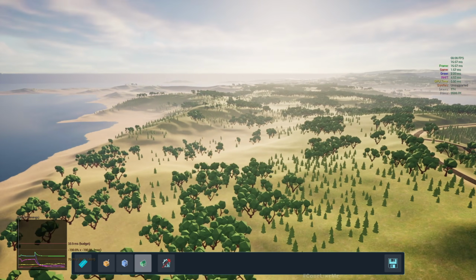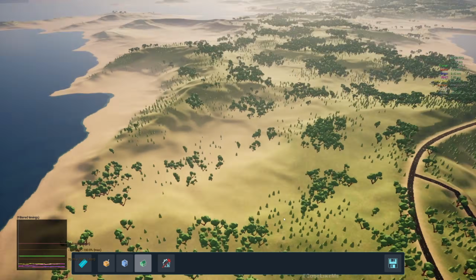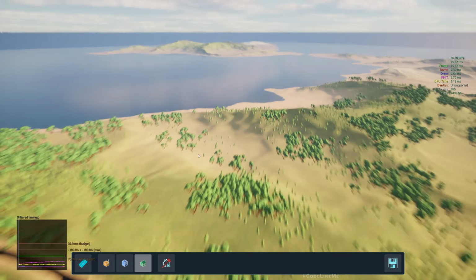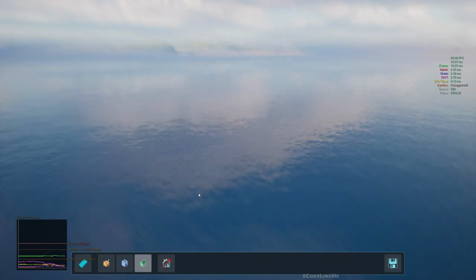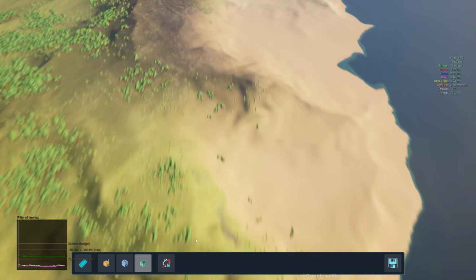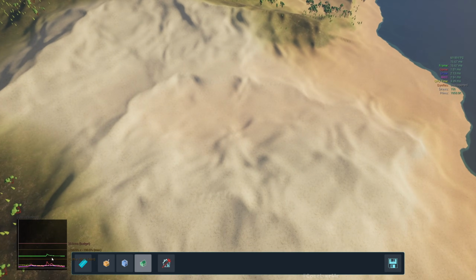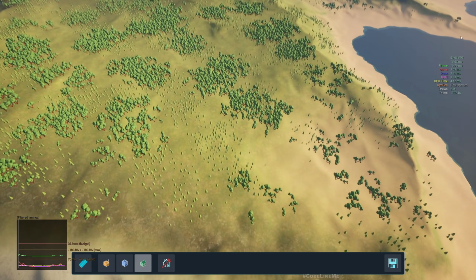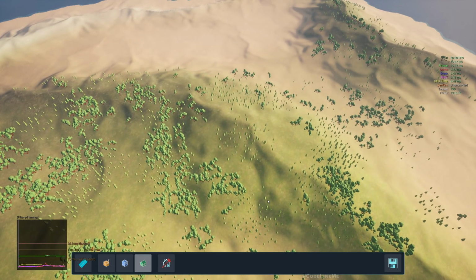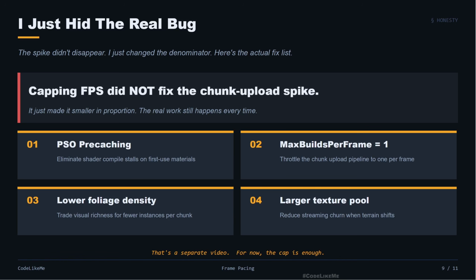You see, there are terrain tiles in the distance, but here not much. But if I move in this angle, you see terrain tiles are being generated, and the spike here is minimal with the 60 FPS. So that's the real problem we have, which is kind of unavoidable.